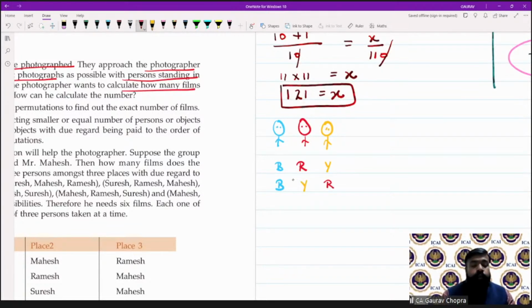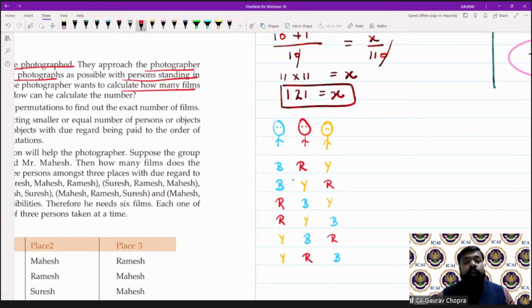Now, red wants to come to the first place. Then blue will come either on second place or third place, and yellow will come on third place or second place. Now, yellow also wants to come in the first position. Then blue can come on second or third place, and red on third or second place.